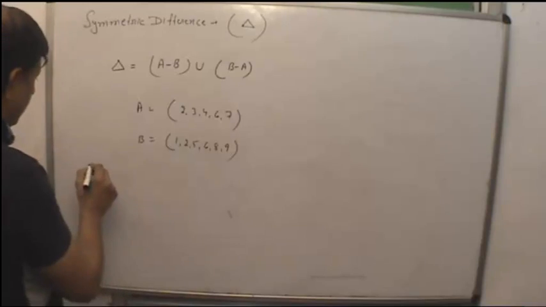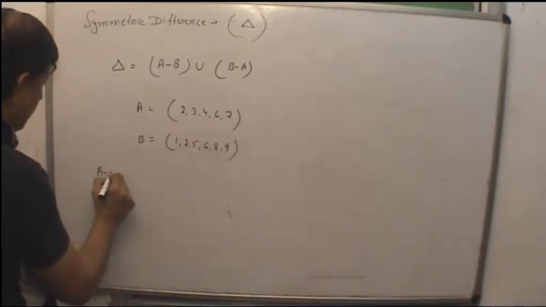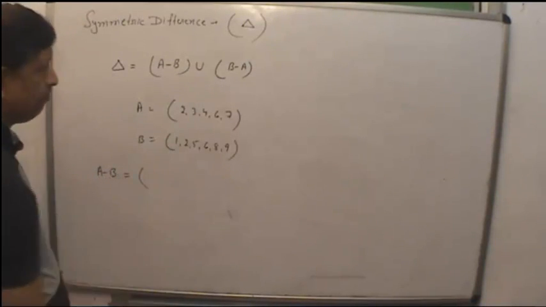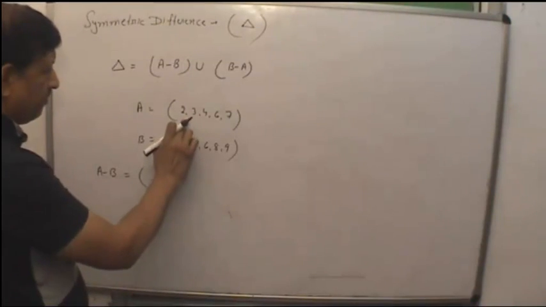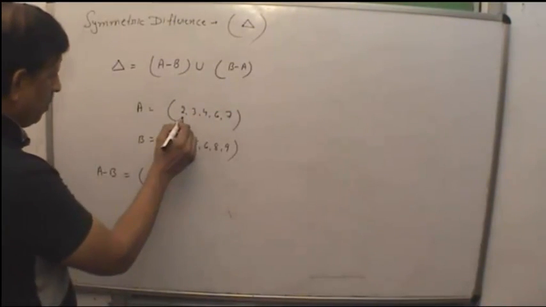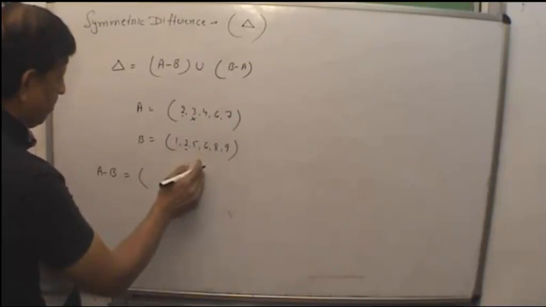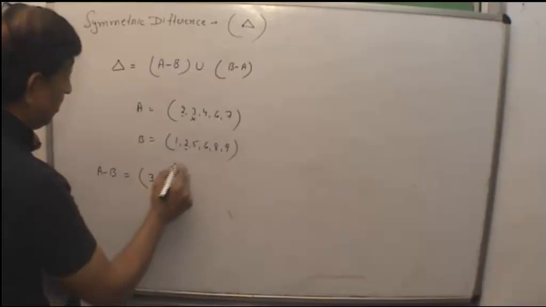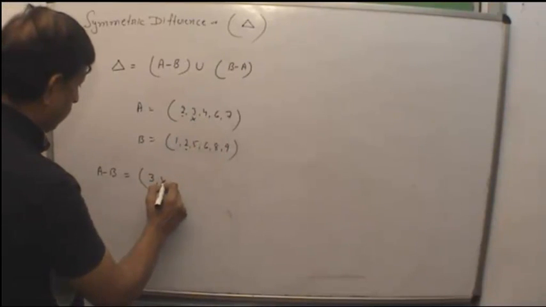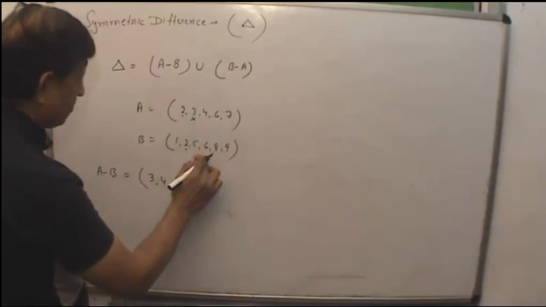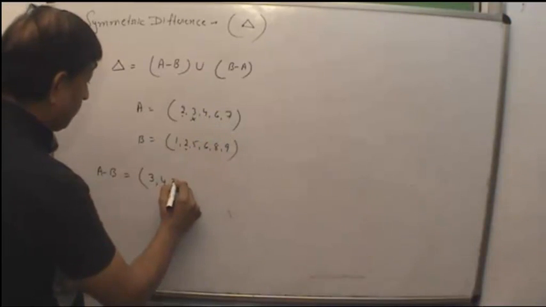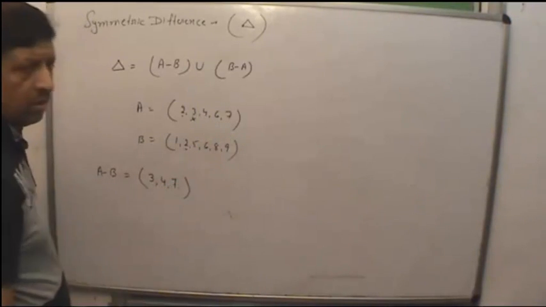So we find A minus B. A minus B means those elements of A which are not in B. 2 present here, 3 present here, not present here, so 3. After that 4, 6, 7, not present. It is {3, 4, 7}.